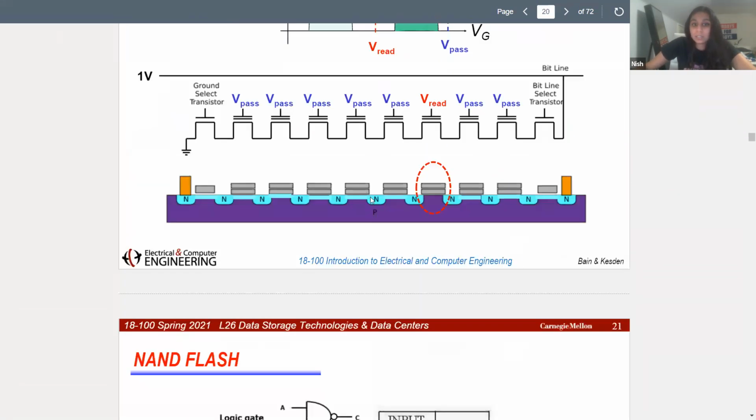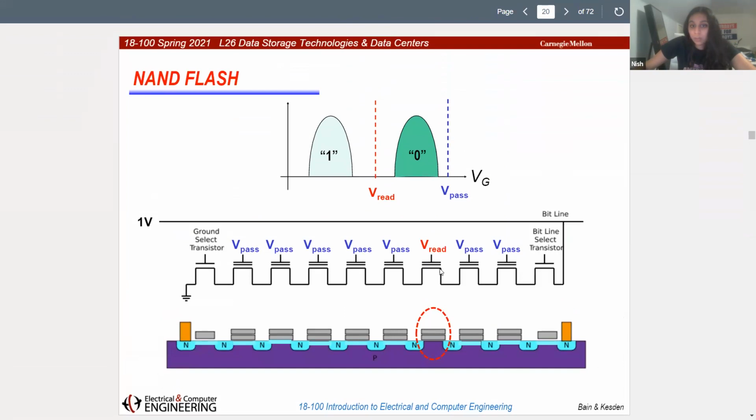So what this means is, if we want to read this, and by read I mean see if the cell is programmed or erased, say this cell that I've highlighted. For every other cell that is in series with it, we're going to give V pass to the gate.